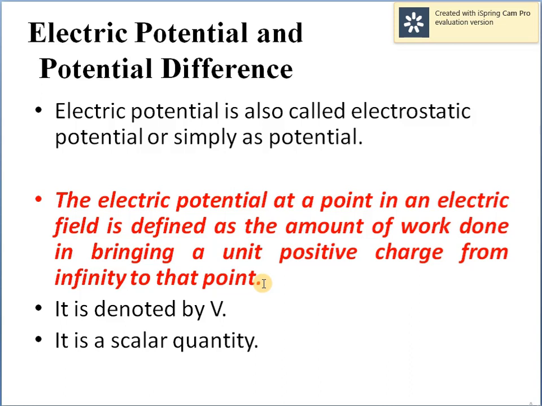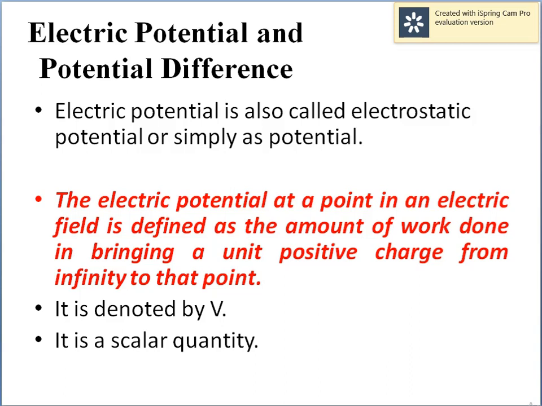Electric potential is denoted by capital letter V, and it is a scalar quantity, which means it has nothing to do with direction. Let me tell you one more thing.